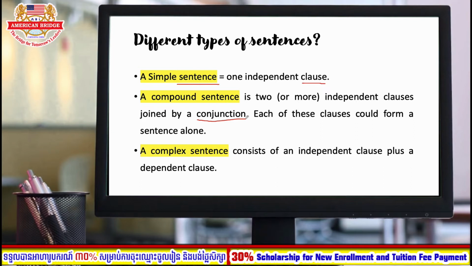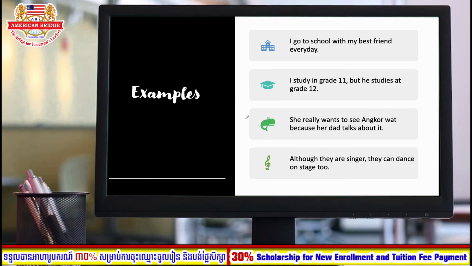To clearly see these types of sentences, I have prepared some examples. There are four examples representing each type of sentence that we have just discussed. The first sentence: I go to school with my best friends every day. This sentence has only one independent clause, where I functions as the subject and go functions as the verb.